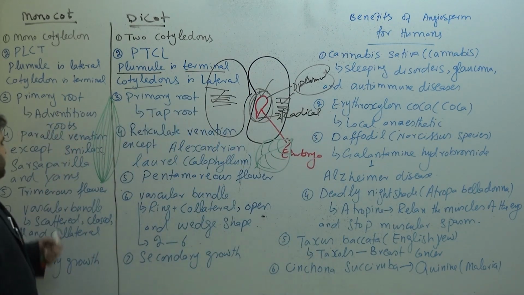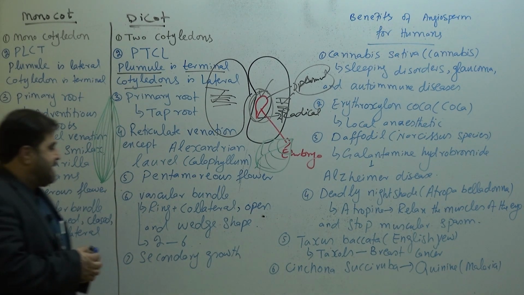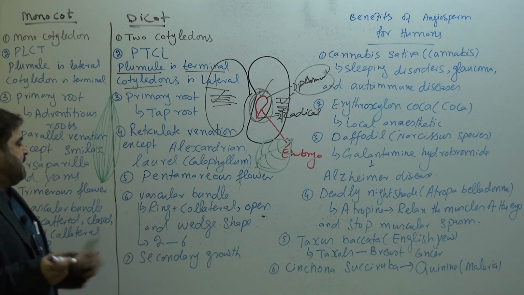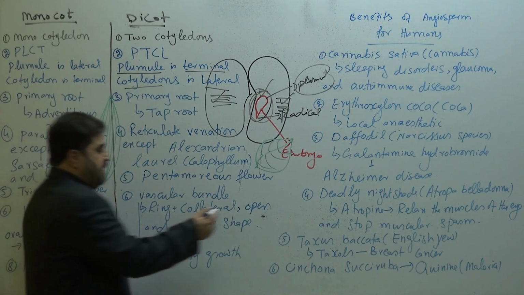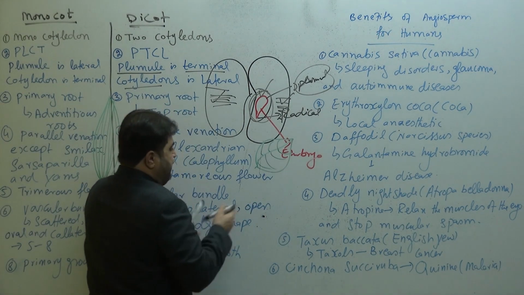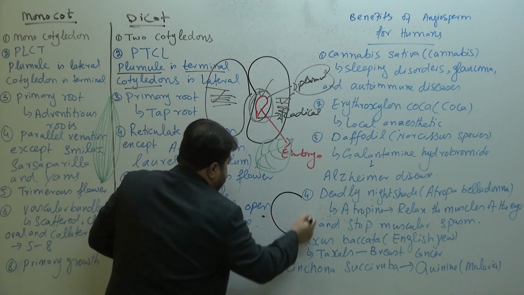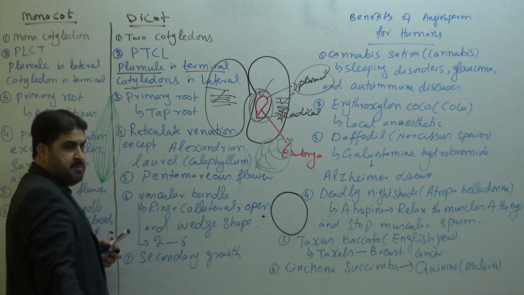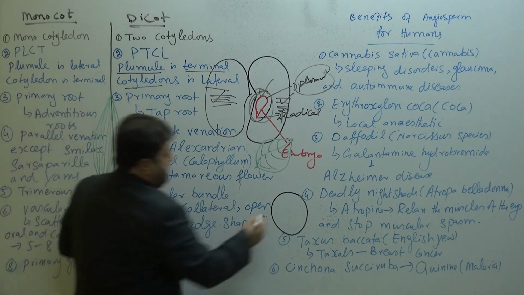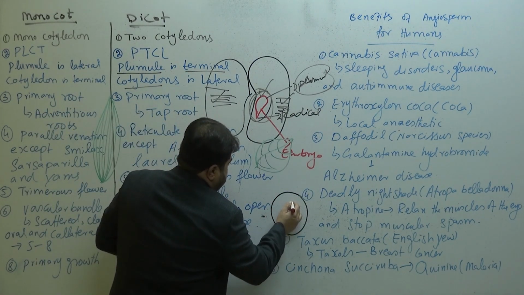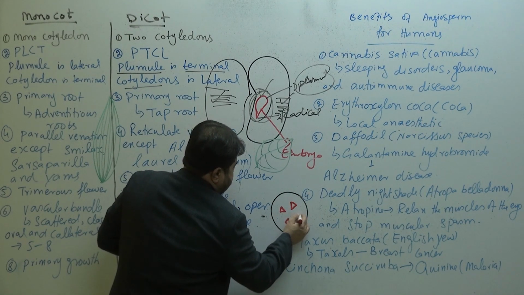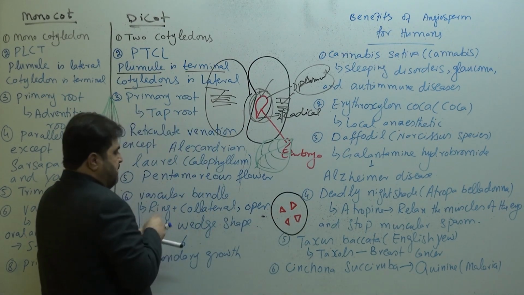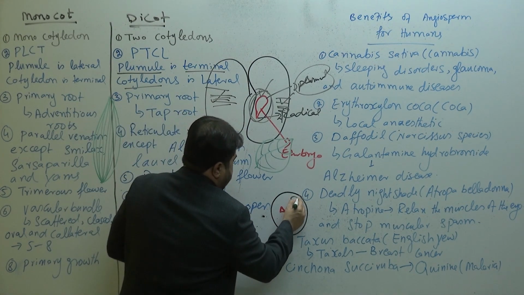Next, we are going to discuss their vascular bundles. In dicots, the vascular bundles exist in a ring form. They are collateral, open, and wedge shaped. If we observe the stem and their vascular bundle, this is the xylem, and along with the xylem a phloem is present.